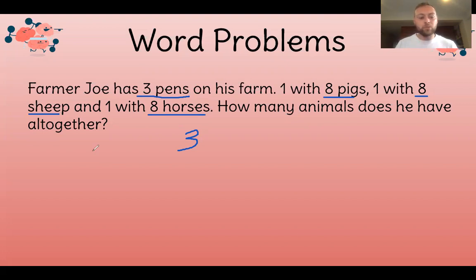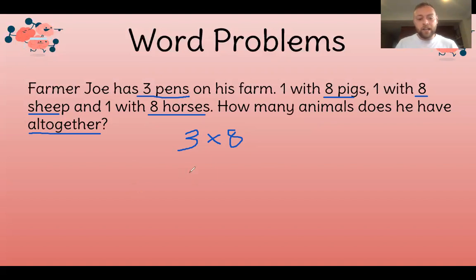How many animals does he have altogether? So I want to know the total of animals. So I'm doing 3 lots of 8, because there's 8 horses, 8 pigs and 8 sheep, so 3 lots of 8.